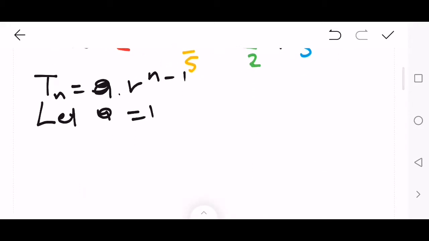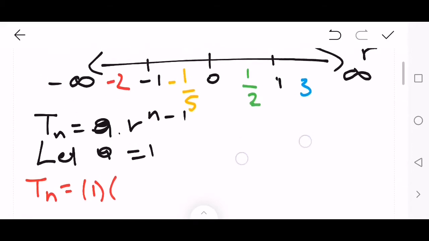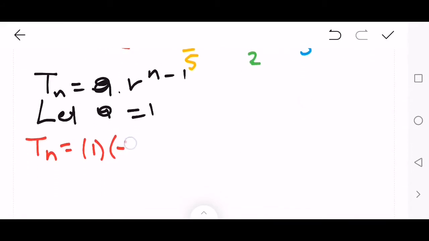So we have Tn equals, our A is 1 and our first constant ratio is minus 2, to the power n minus 1. That will give us a sequence as follows.